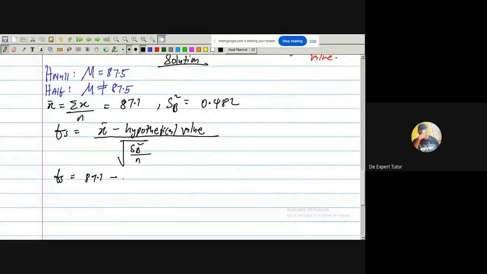All over the square root of our variance 0.482 divided by n. What's n? 11. Exactly. So when we solve all these together, you have negative 1.91. The absolute value of this will give me 1.91. I don't need the minus though.